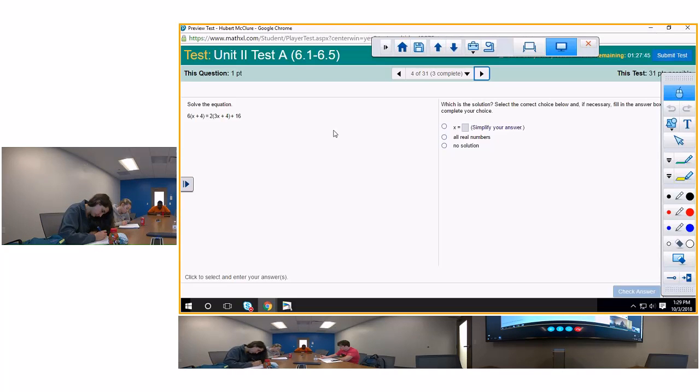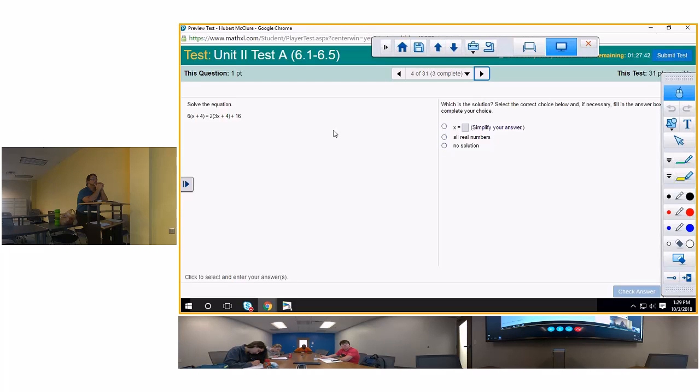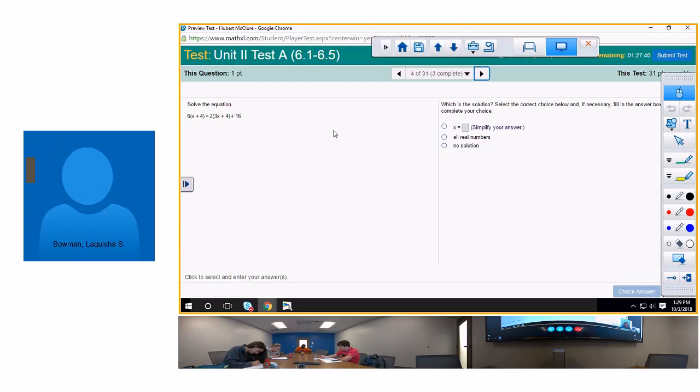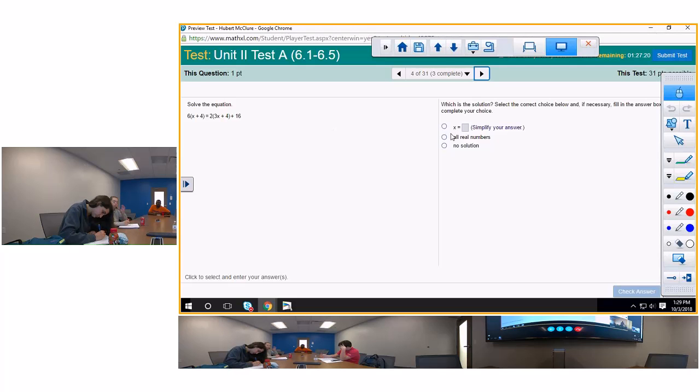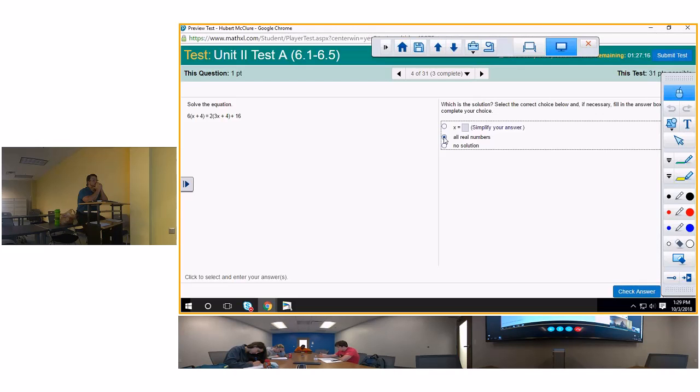All 3 of those are plus signs. And let me reiterate, the plus 16 is outside the parentheses. So don't distribute the 2 with that 16, because that's what some students do. That's 6x plus 24. Somebody tell me what you get when you get it.